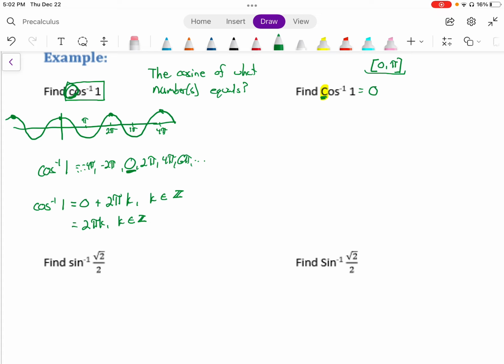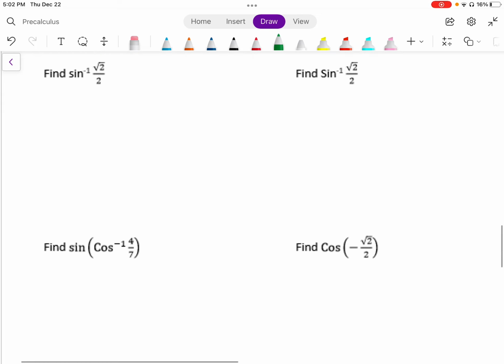Well, we can do something similar here as we move down to inverse sine of root 2 over 2. We should know that inverse sine of root 2 over 2 is pi over 4. And we also remember that sine is positive. Remember, we use our little all students take calculus.